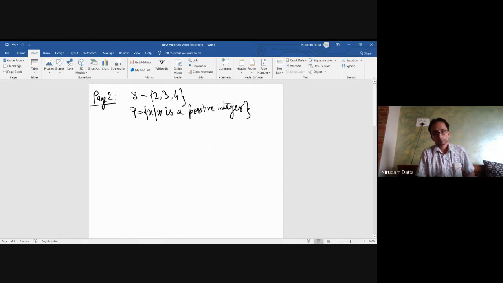Then we have X = {x | x is a real number and x is greater than 2 but less than 5}.